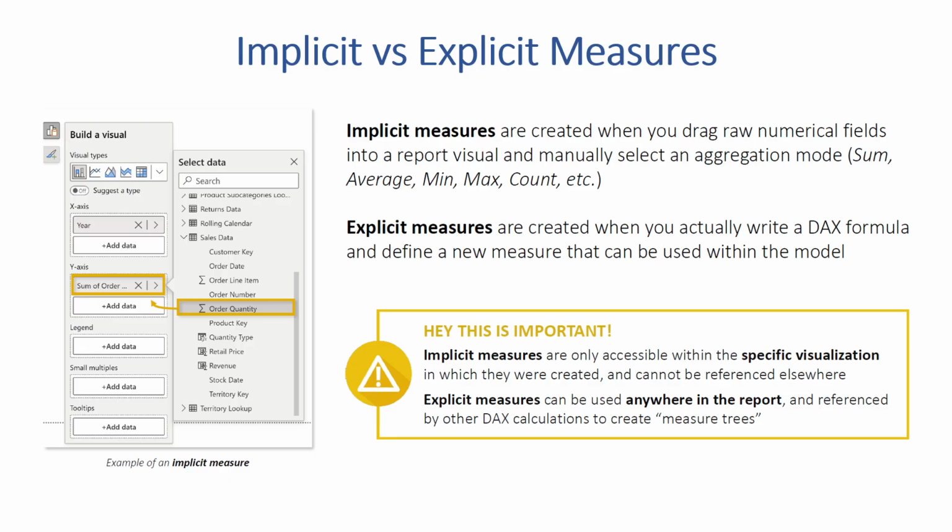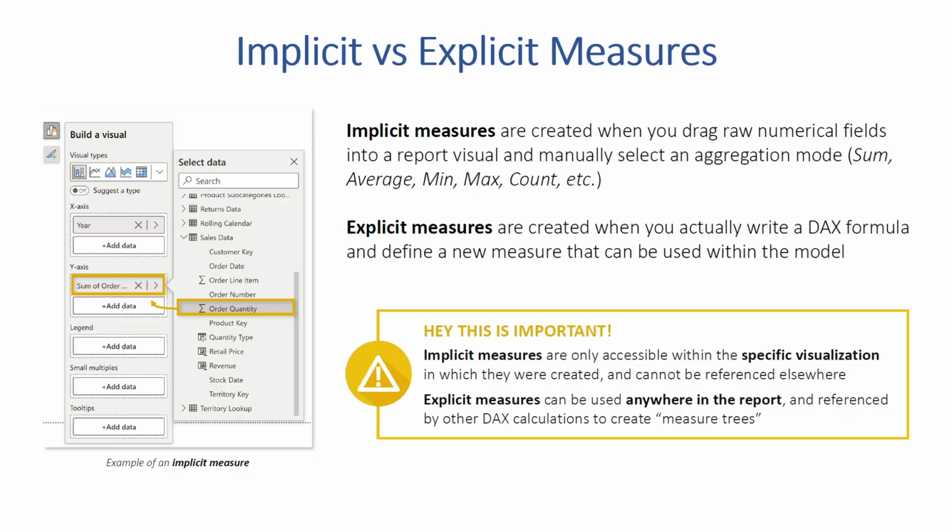Explicit measures are created when you actually write a text formula and define a new measure that can be used within the model. Important tips for you: an implicit measure is only accessible in the specific visualization in which you created it and cannot be referenced elsewhere.